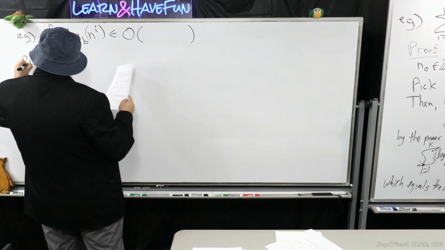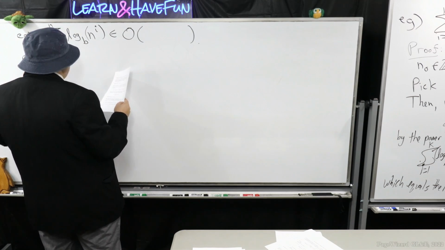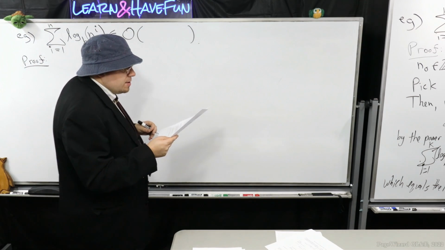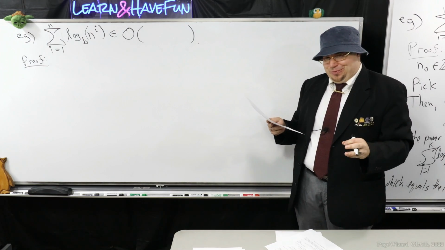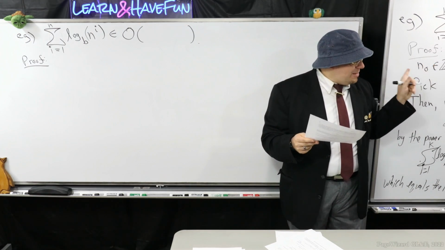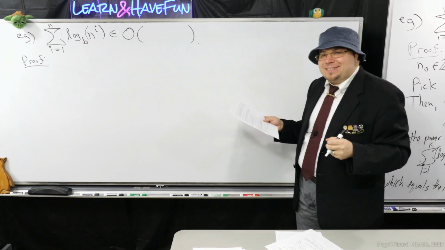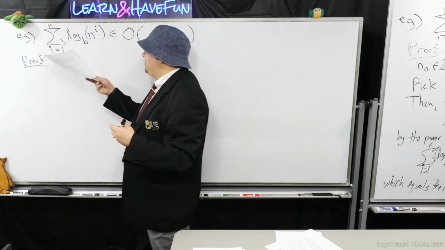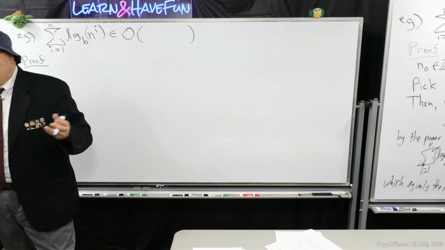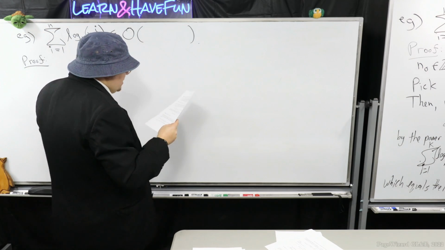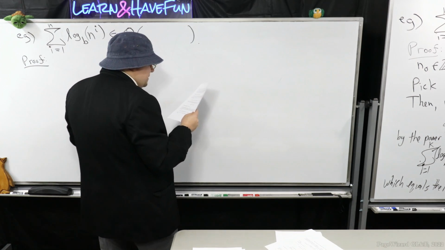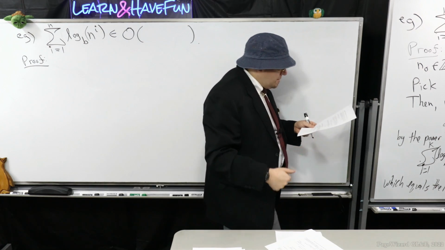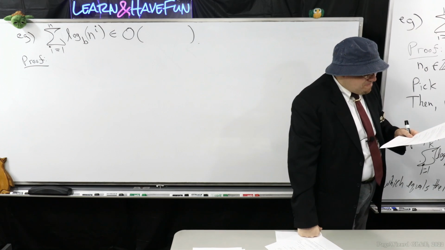So the proof will have the same kind of sketch as before. For the sake of brevity, I'm going to omit the setup for the proof, because it is exactly the same as what I had just over here, with the exception that instead of a k, it's an n. That's the only difference. Okay. So you might ask, Dan, what are you going to do here?